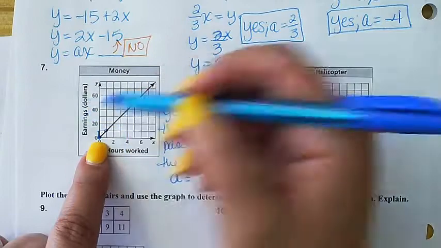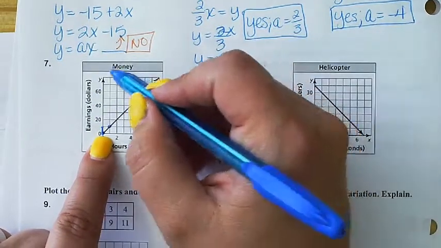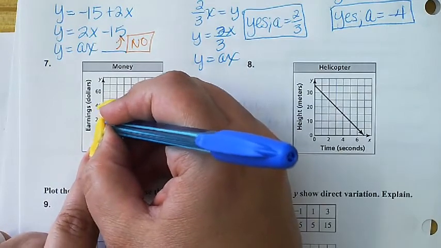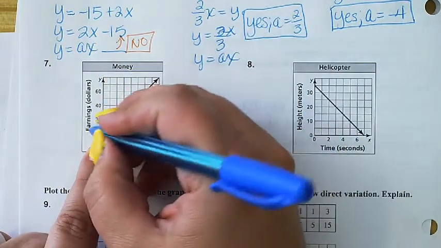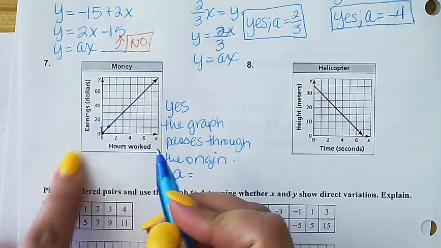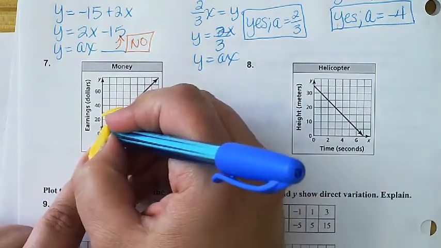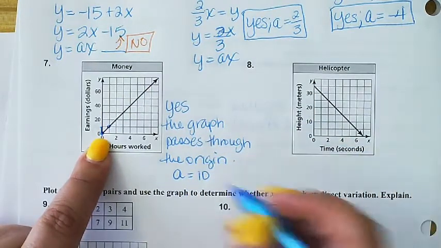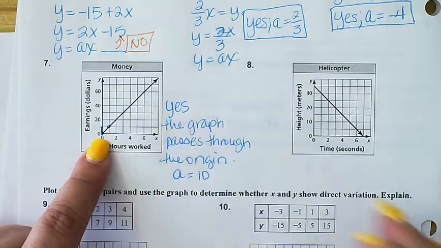If it's a word problem or the context of a situation, like in this case, money over hours worked, then each of these blocks looks like it's counting by tens. So that is a $10 earning in 1 hour of work. So it's 10 over 1, or in other words, our a value is 10 for number 7.